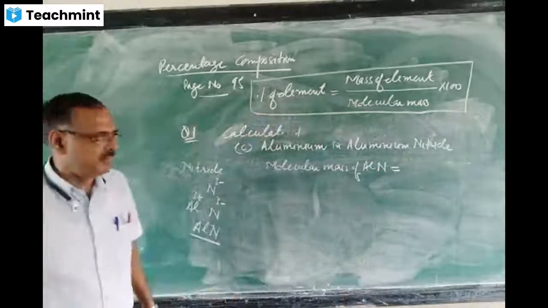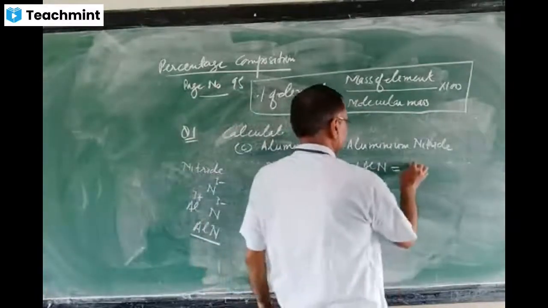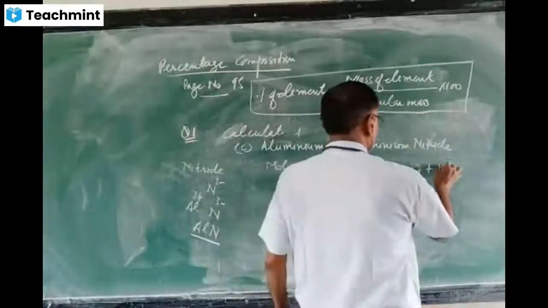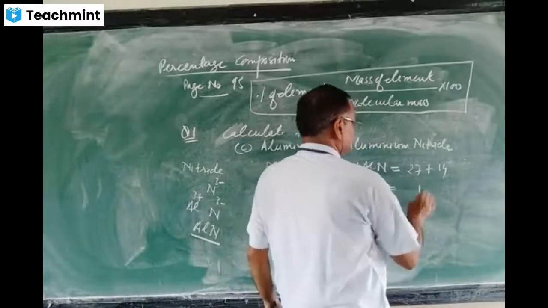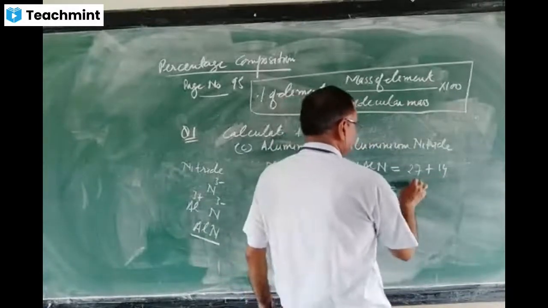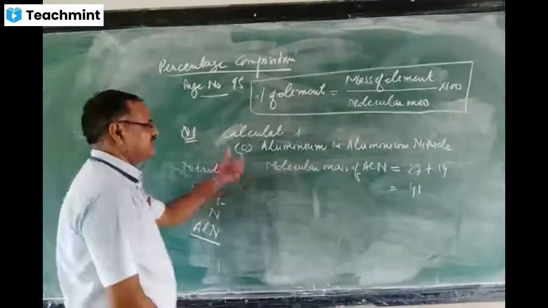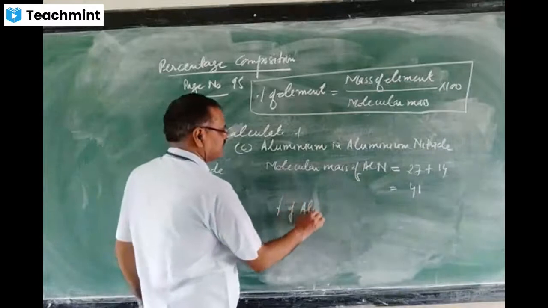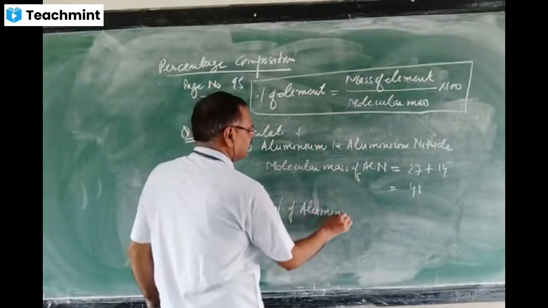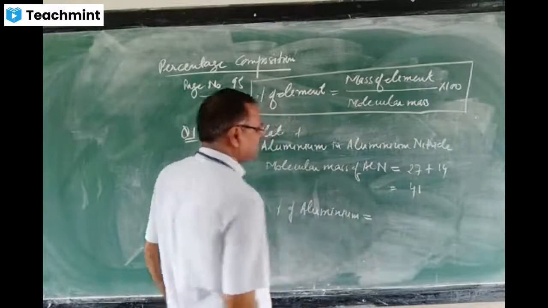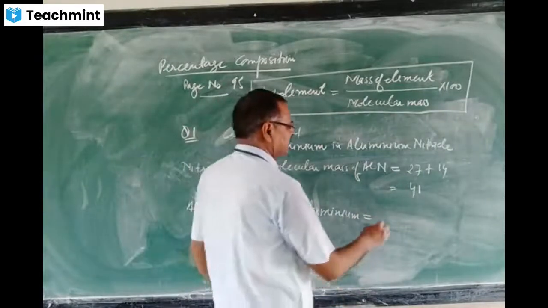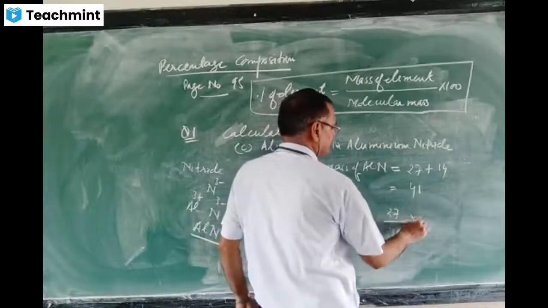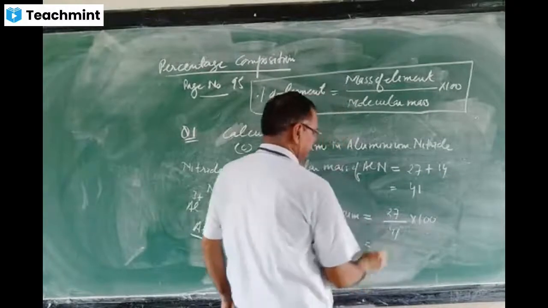Aluminum atomic mass is 27 and nitrogen atomic mass is 14. So 27 plus 14, that is 41. It is asked to calculate the percentage of aluminum. So percentage of aluminum is equal to mass of aluminum, that is 27, upon 41, multiplied by 100.